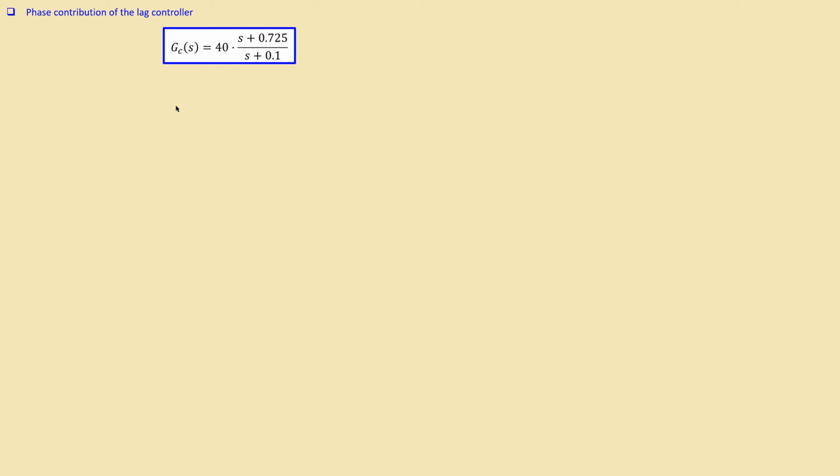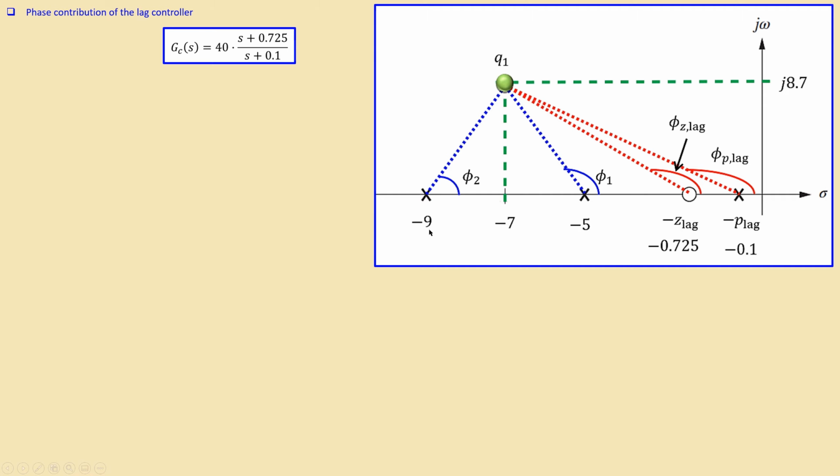Phi1 is the phase contribution of the pole at -5 and the other one for -9. We have the phase contribution of the lag pole and the phase contribution of the lag 0. Now all of them can be calculated, and we will use the angle criterion for that. That means minus phi1, minus phi2, and the phi lag, which is the phase of the lag controller, will be this one.